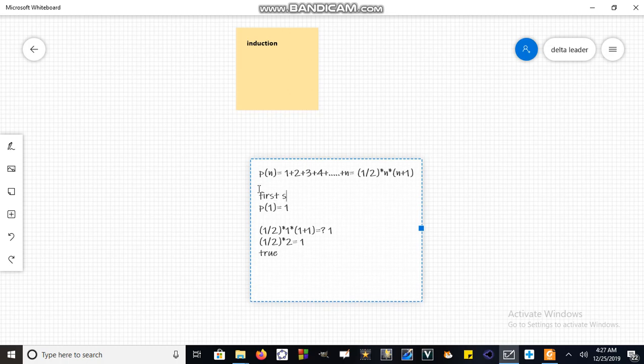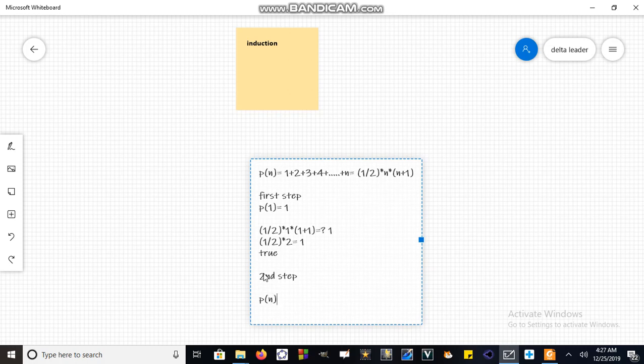The second step right now, or I guess the one and a half, will be to take as true that Pn is true.